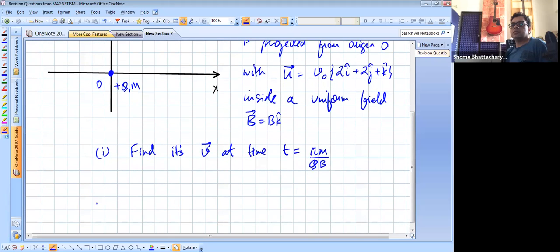And secondly, find its position in terms of XYZ coordinates.